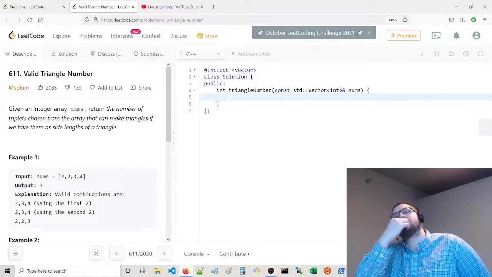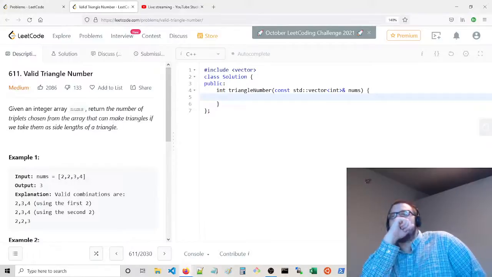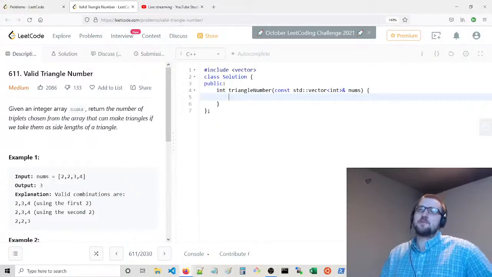I think any A, B, and C, positive and non-zero, could be the lengths of a triangle as long as they satisfy what they call the triangle inequality. So the sum of 2 of the sides does not exceed one of the other sides. So 2 plus 3 is not greater than 4. 3 plus 4 is... oh, wait.